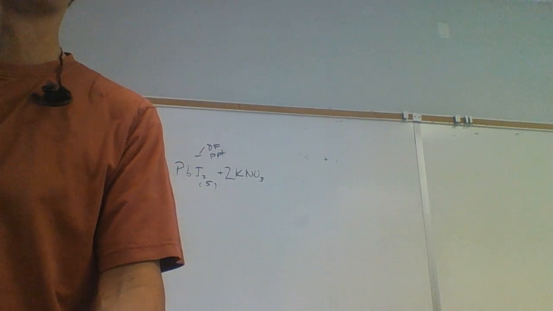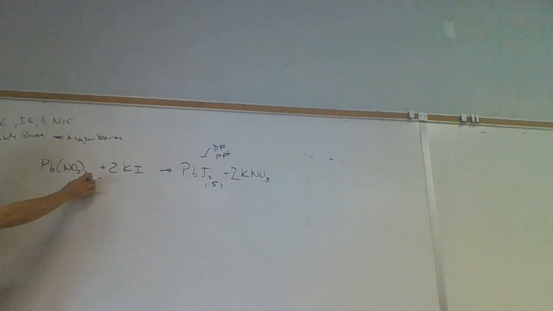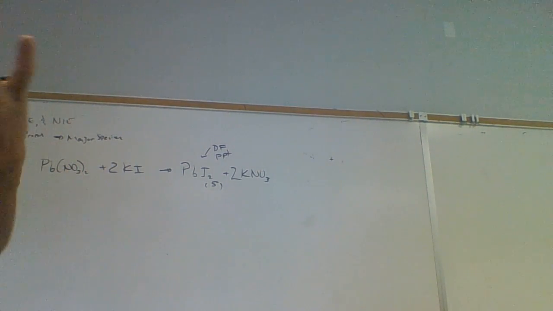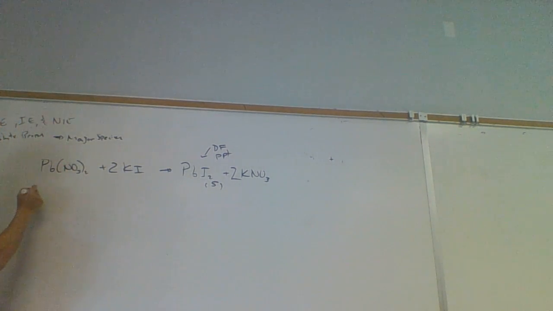An IE is going to list all the species present in solution. If I have lead 2 nitrate in water, because this is aqueous, will the water break apart the lattice? Yes, it's a soluble salt. The water is going to come in and break it apart ion by ion. We're going to get lead 2 ions and nitrate ions.